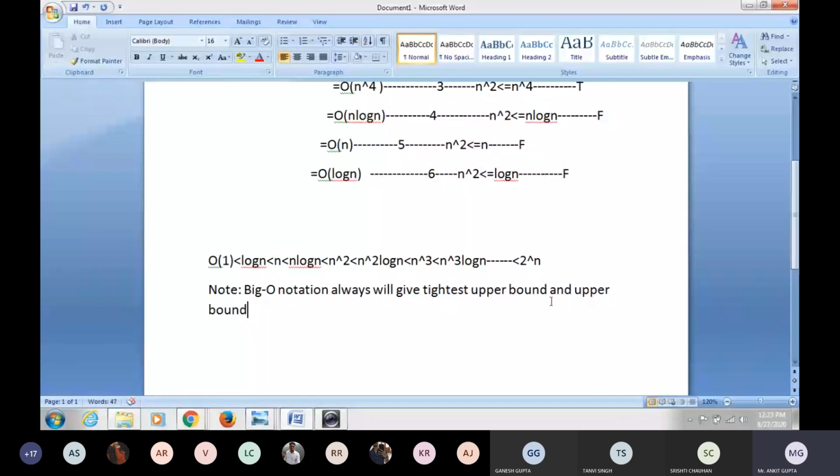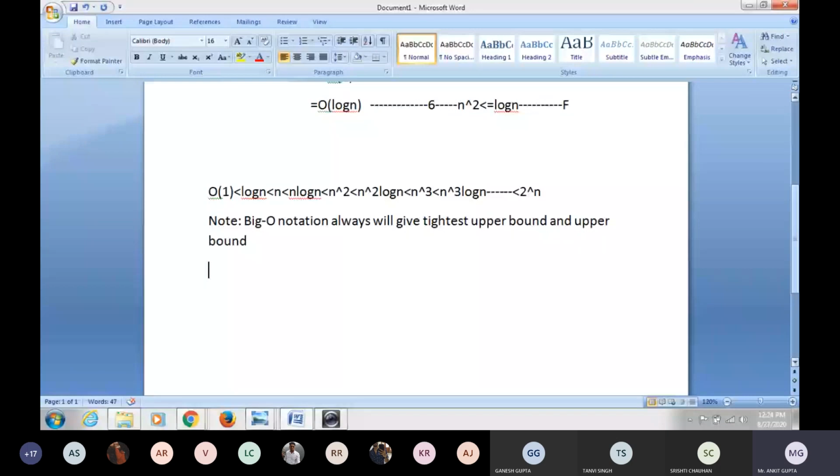Highest upper bound means equal to, and upper bound is greater than. So suppose f of n is less than or equal to g of n. In which, equal to means the highest upper bound.